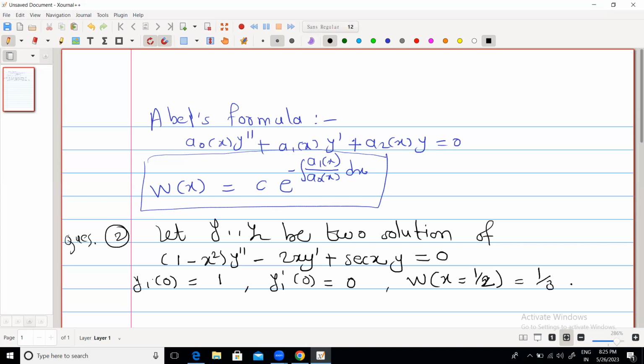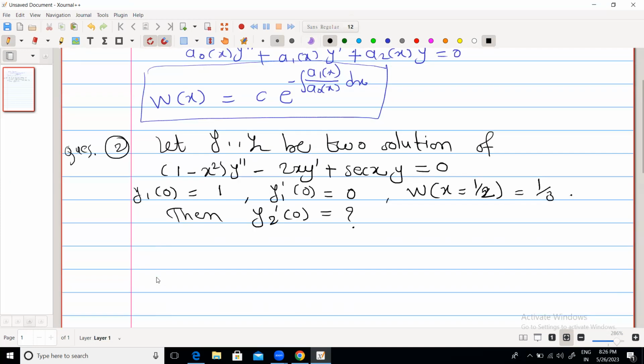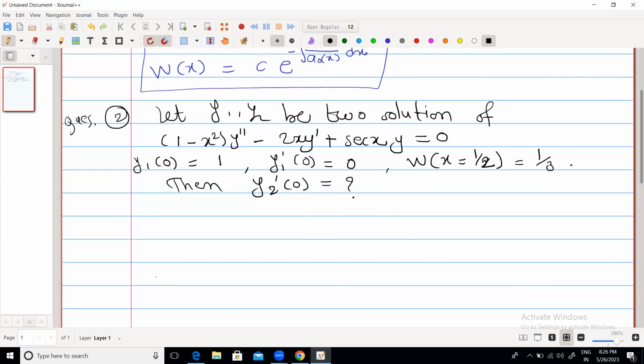Then we have to ask the value of y2 dash at 0. So the given options are 1 by 4, second 3 by 4, third one 1 by 3, fourth one 1 by 2.